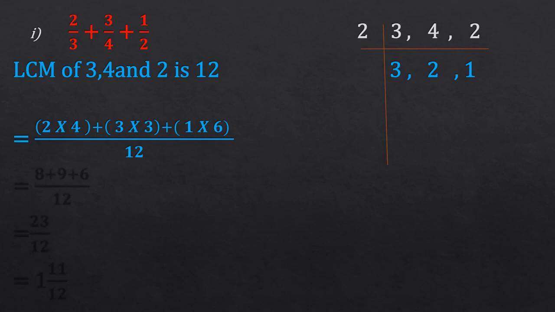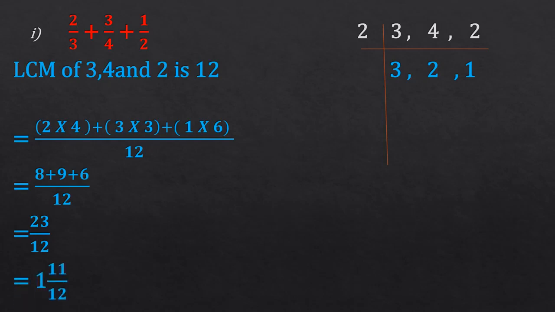So 2 4s are 8, 3 3s are 9, and 1 6 is 6, and between them plus sign. It is 8 plus 9 plus 6 upon 12, which is equal to 23 upon 12. And as this is an improper fraction, we will convert it into a mixed fraction, which is 1 11 upon 12.